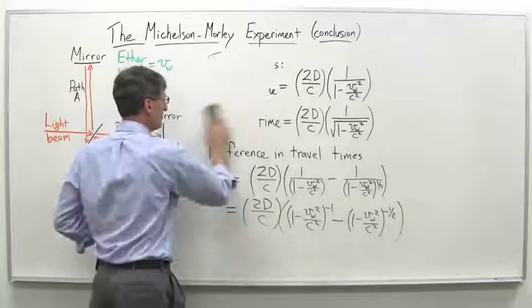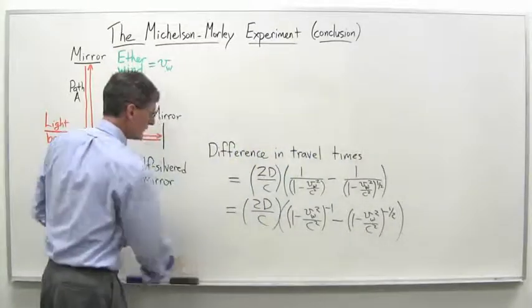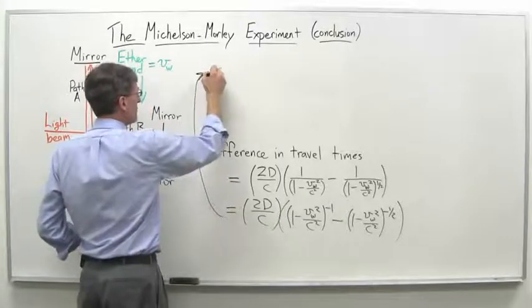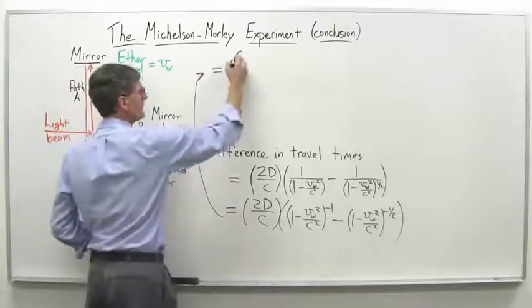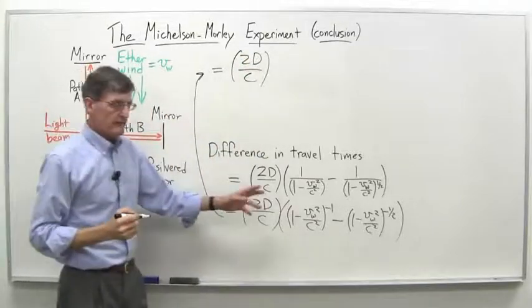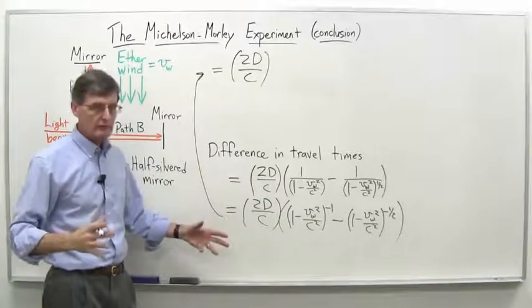So the difference in travel times now is going to equal 2d over c. Here's where we use a mathematical technique that physicists love to use when they can.